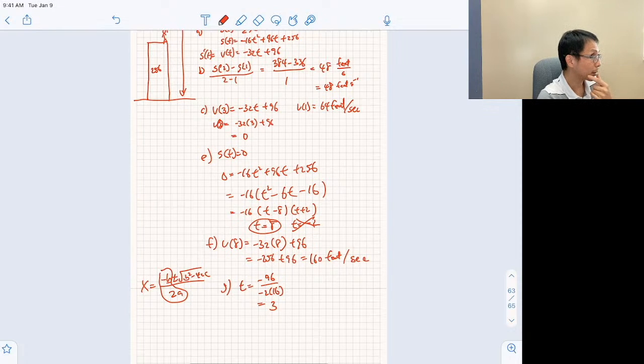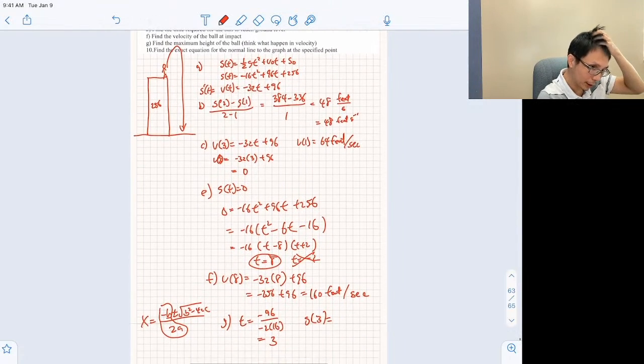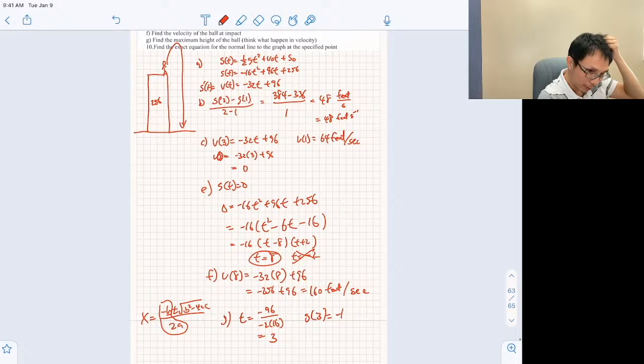Negative b over 2a. Do you see that? That's also a way to do it. And then we can plug in s of 3. And I have no idea what s of 3 is. I'm not plugging in the ugly number, but you can.